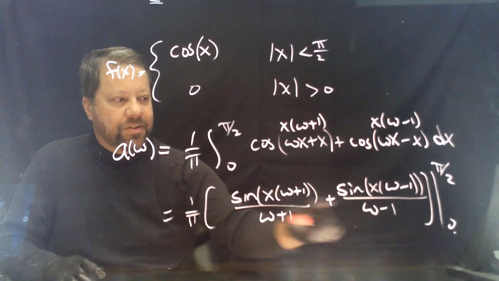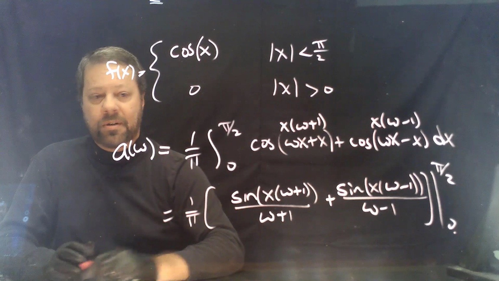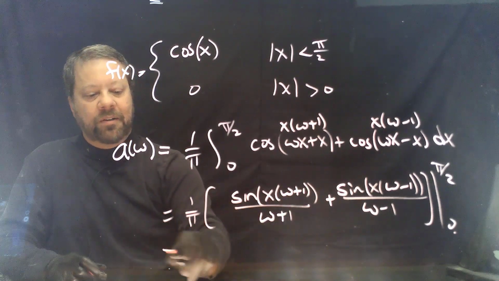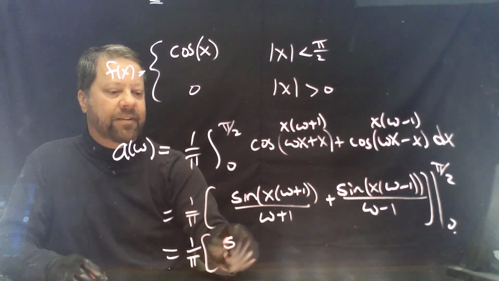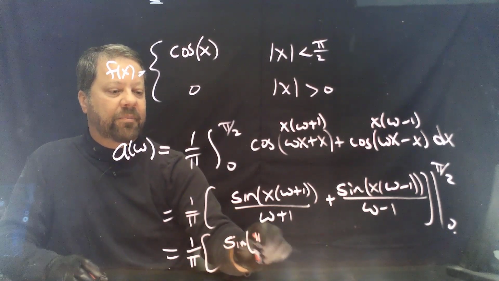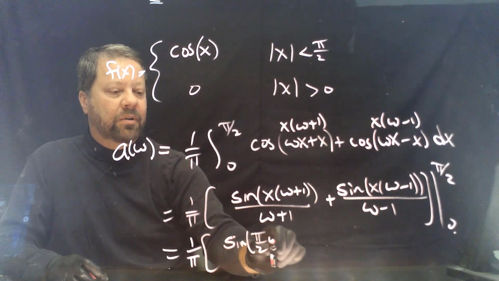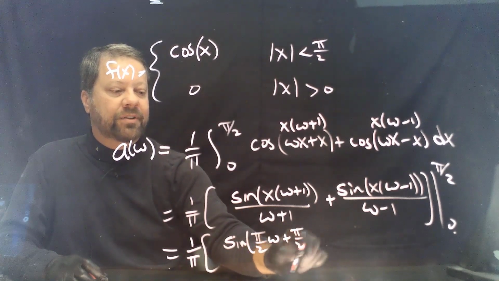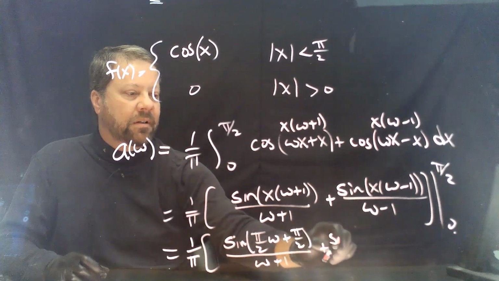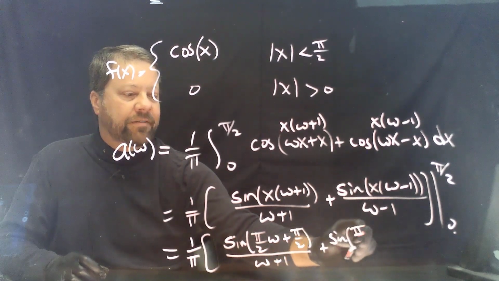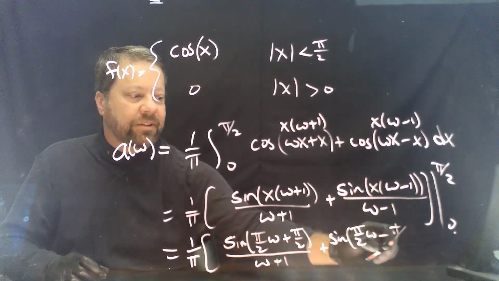Of course, when you plug in 0 for x, both of those are 0. So what happens when you plug in pi over 2? Let's see, we'll have the sine of pi over 2 omega plus pi over 2 after we distribute. And we'll have sine of pi over 2 omega minus pi over 2.